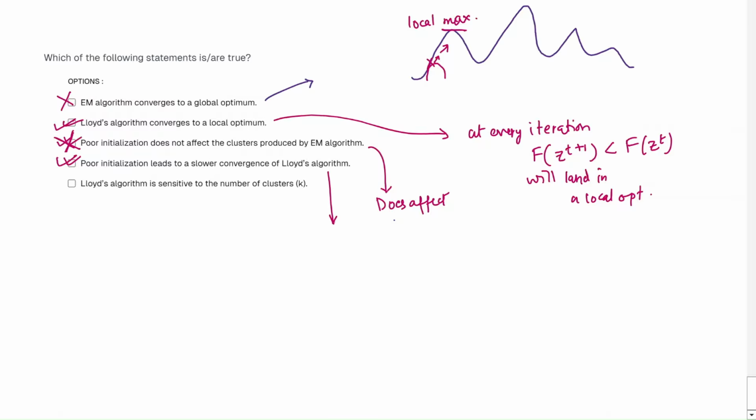In fact, this is why we need k-means plus plus. Then the last option says Lloyd's algorithm is sensitive to the number of clusters. This is also true. If your data actually has 3 clusters and you run the k-means algorithm using 2 clusters, then it will give you very ridiculous results.